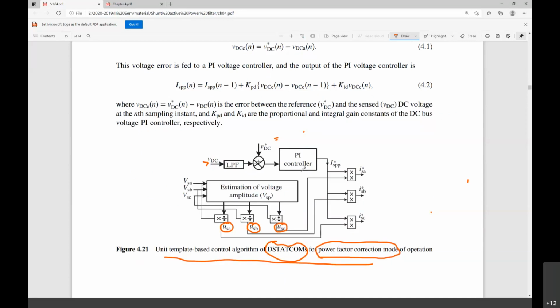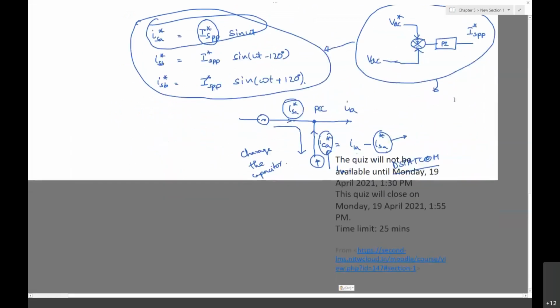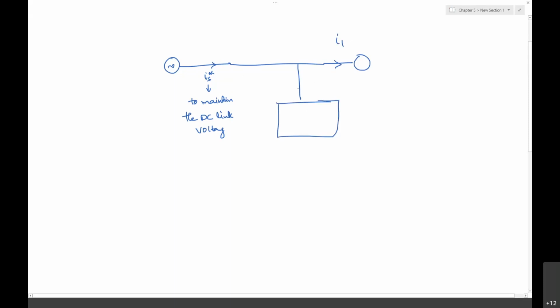What exactly happens in this case is that the source supplies the active component of the current, the star current, to maintain the DC link voltage, and the load takes the required current IL. And the DStatCom is going to pump the compensator current ICA star, which is IL minus ISA star.